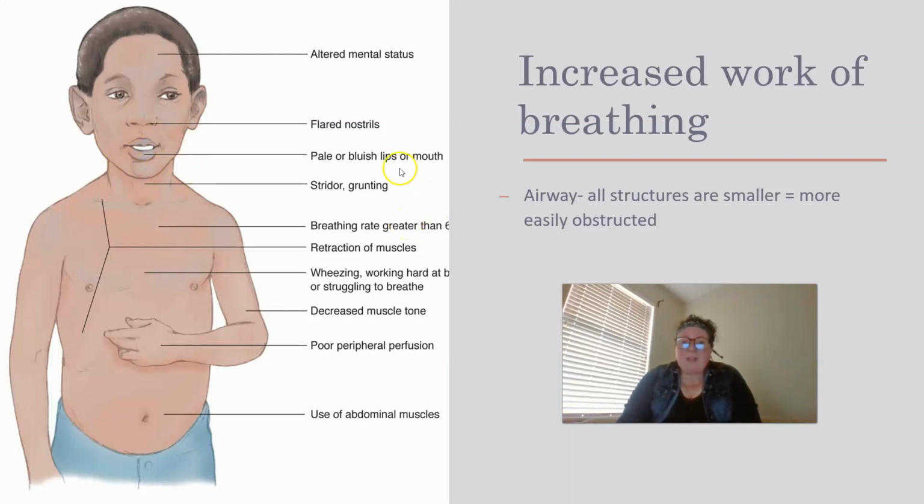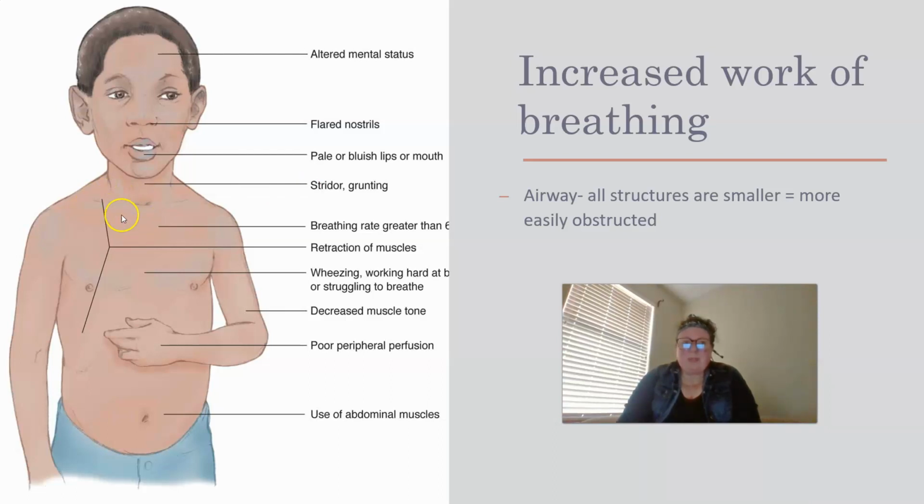Stridor or grunting. Grunting is a sign of respiratory distress, and it's commonly associated with pneumonia in children. Stridor is our upper airway obstruction, like this could be croup or aspiration. We're going to look at our retractions next.